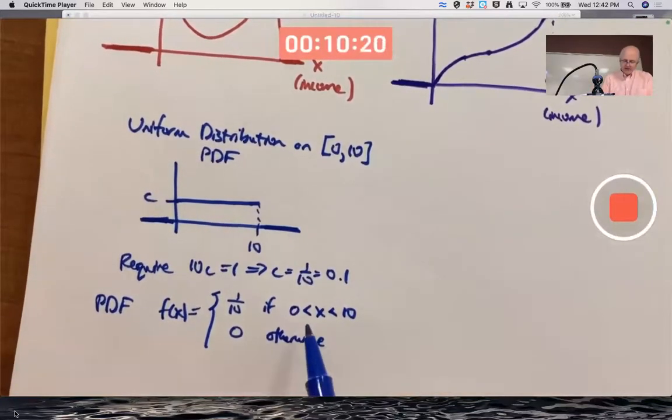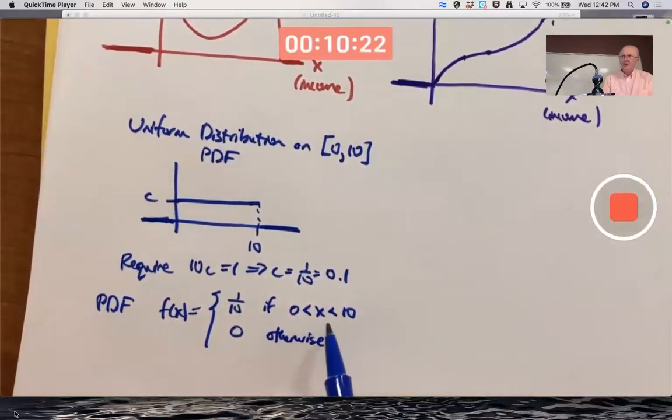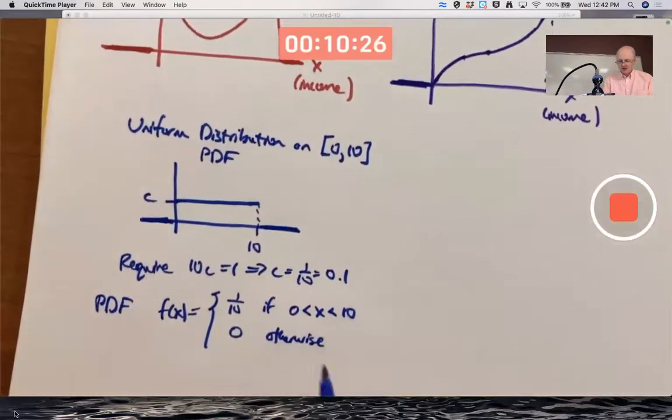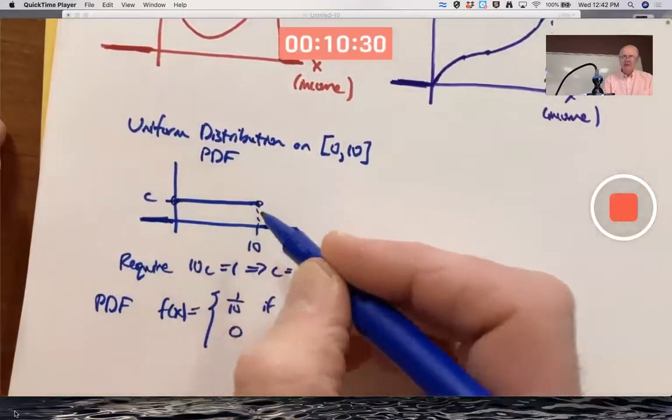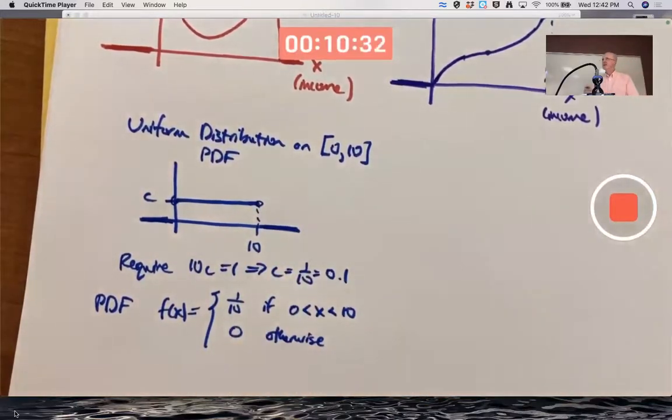Should I put strict inequalities here, strict less thans, or should I put less than or equal tos? It doesn't matter. I chose to put strict inequalities here, which technically means open circles there and there, but it's not a real big deal. Again, because those individual points won't affect the area under the graph.